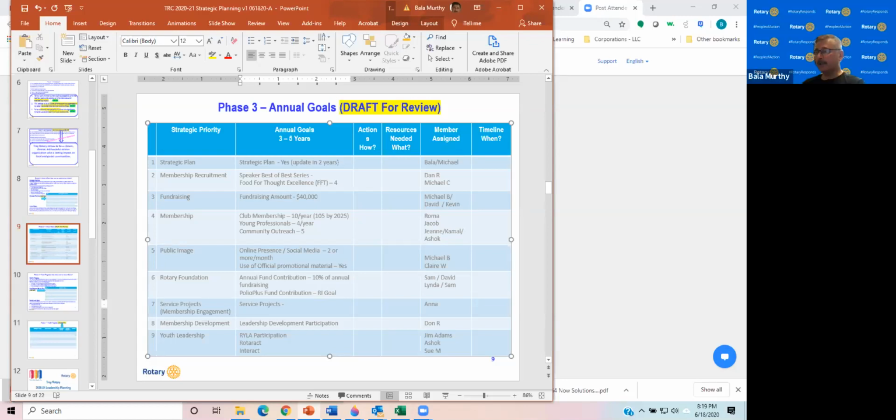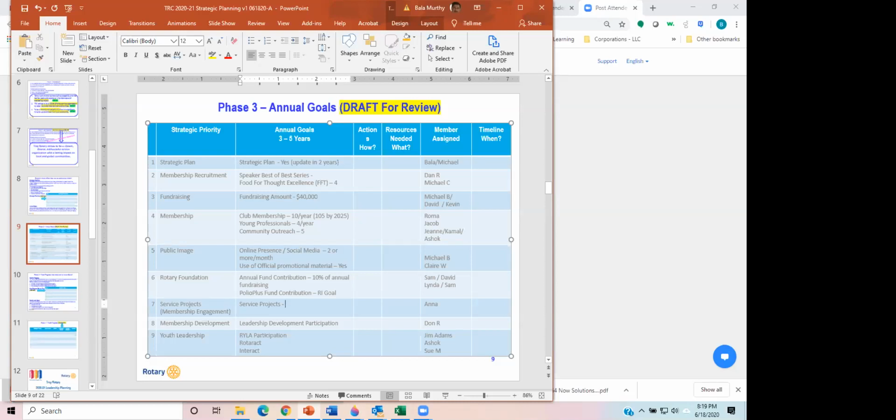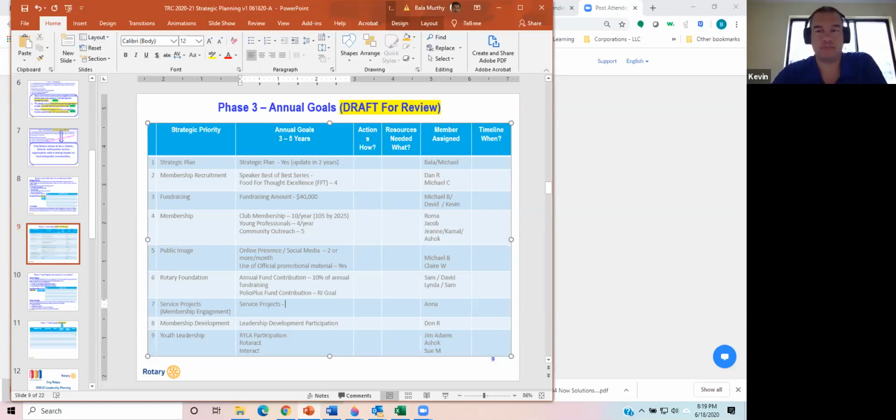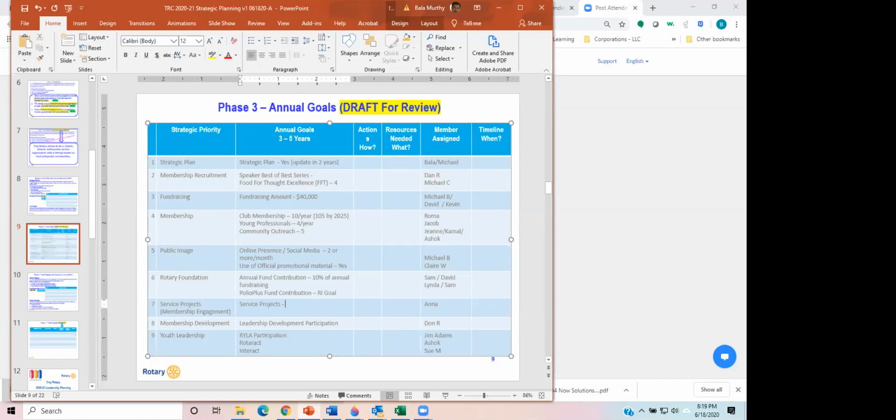Okay, moving along to service projects. Anna said she would like to do 20 service projects. Okay. 20 a year? Yes. Or over the next 5 years? 20 for this coming year.